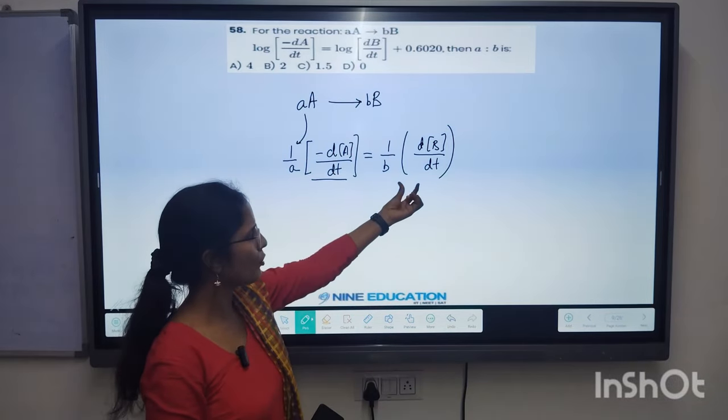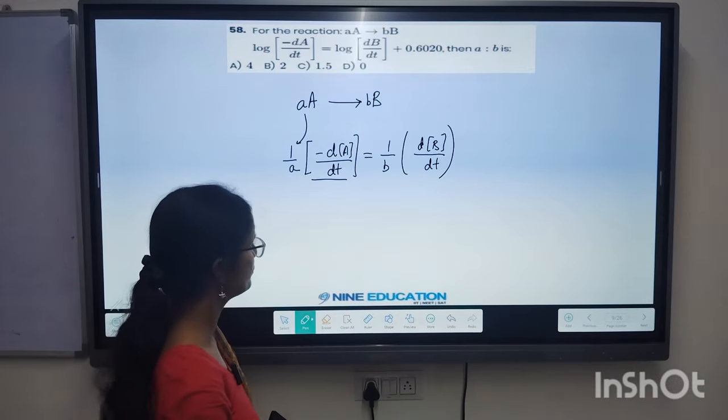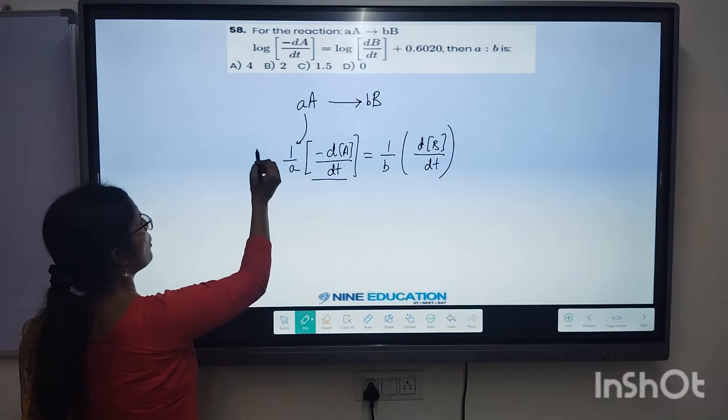So this is the rate of appearance of B, this is the rate of disappearance of A, and this is how we write it.